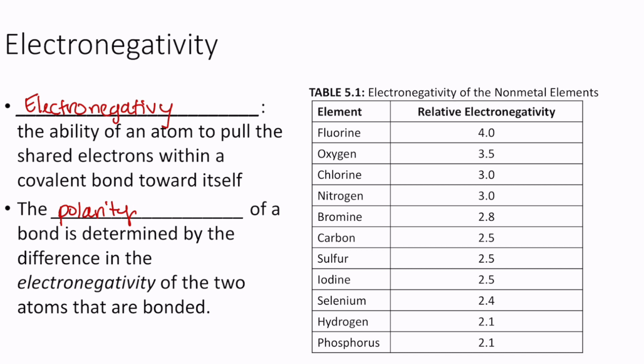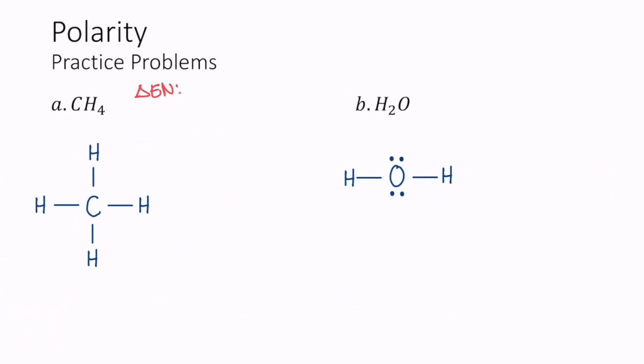You can just take the absolute value. So I'm looking at carbon and hydrogen. So I have 2.5 minus 2.1, which is 0.4. There's not a big enough difference in electronegativity. So there's no movement of electrons, which means electrons are all shared equally.